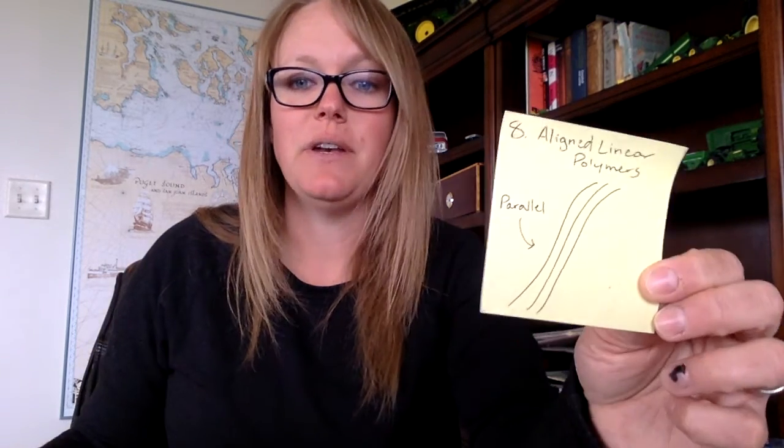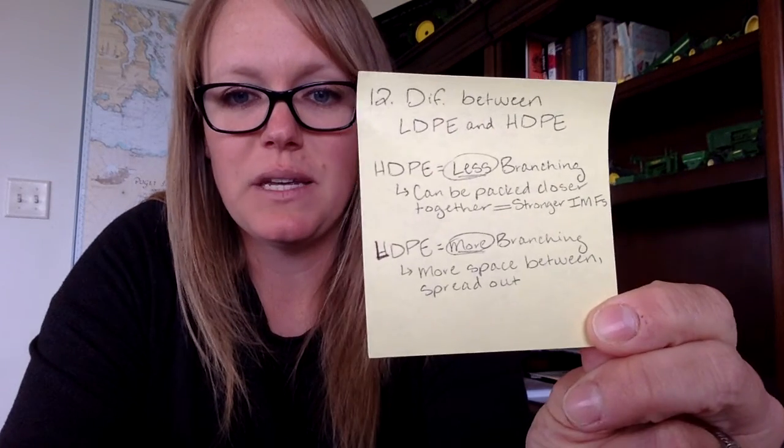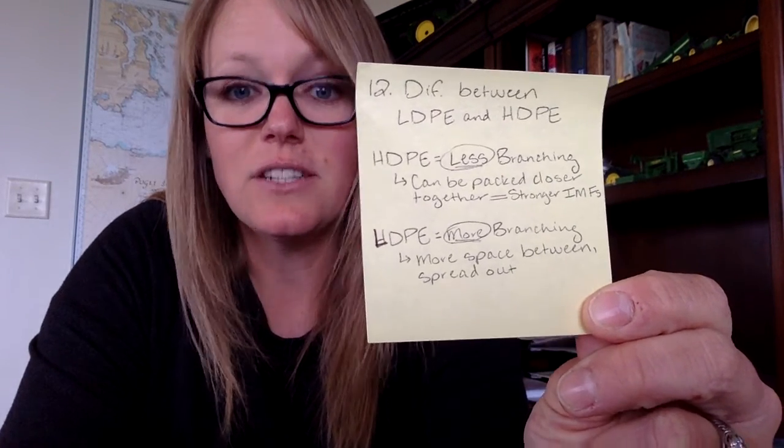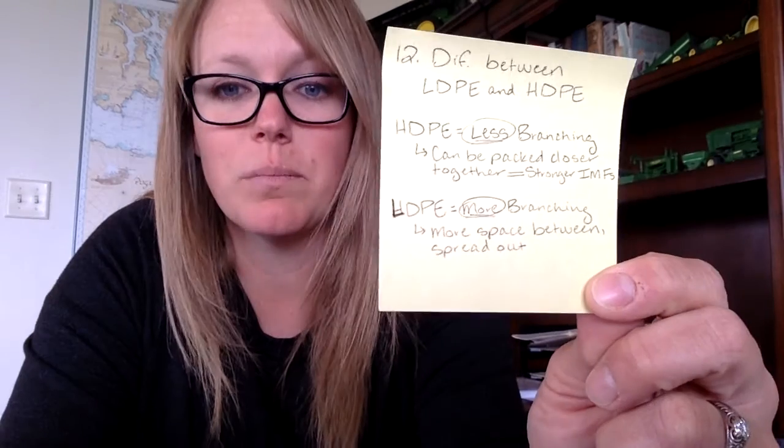The HDPE you get from non-branched polymers, okay? They can compact. You get more matter crammed into a certain space. So for that last question here, HDPE is less branching, okay? LDPE is more branching, all right?